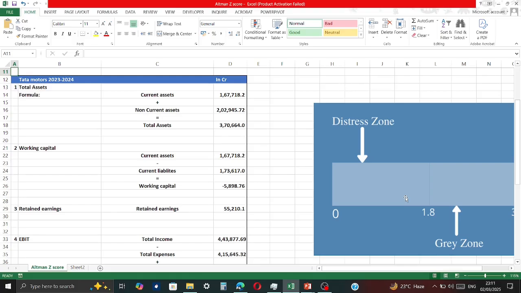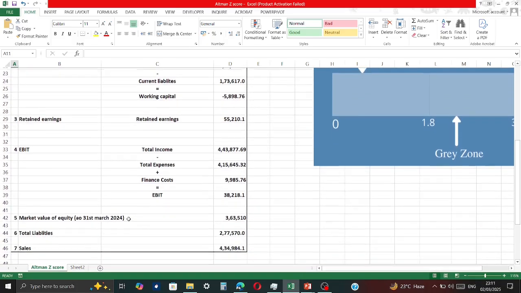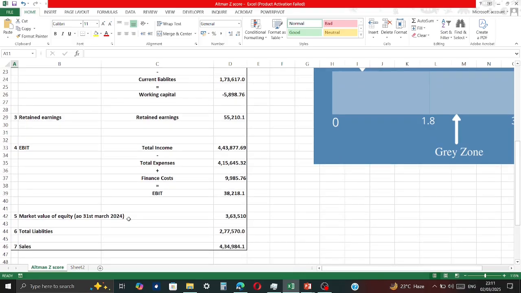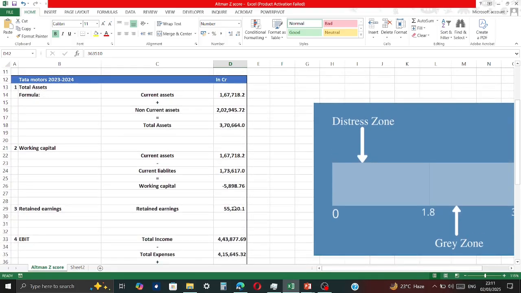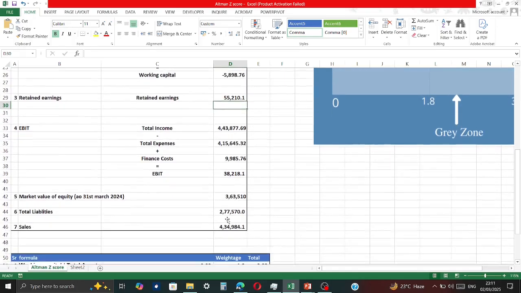So I have taken the values of current assets, non-current assets, current liabilities, retained earnings, income, expenses, finance cost, sales, and the market value of equity. For this, you can just get the help of the internet and आपको ये values easily कहीं पे भी मिल सकती हैं. I would like कि if you are viewing this video, go just calculate this on your own and let me know how much I am right.